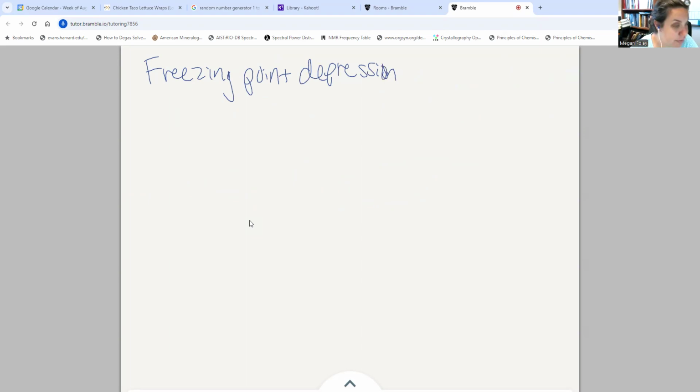So freezing point depression, there's, when we start to talk about entropy, I'll bring this back up. But we can just think about it as, because there are these imperfections, these solute particles in this solution, it makes it harder for the solvent to crystallize or to solidify.